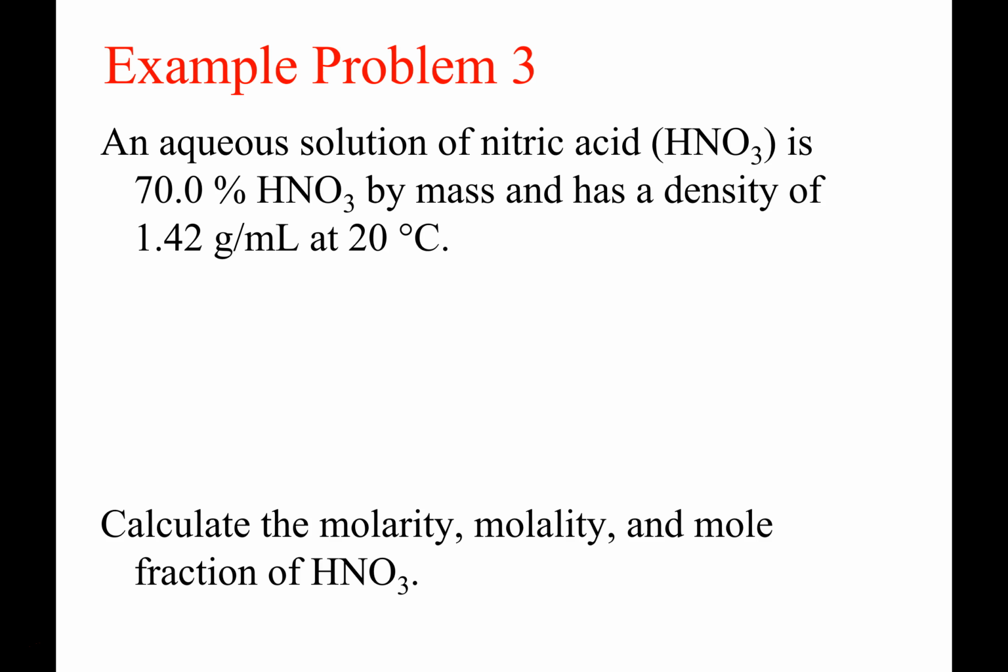The reason I would do that is things start to fall in place if this is my basis. For instance, if I have 100 grams of solution, how many grams of HNO3 do I have? 70.0. And I've got 30.0 grams of H2O. Based upon that grams of HNO3 on my basis, can I come up with the moles?